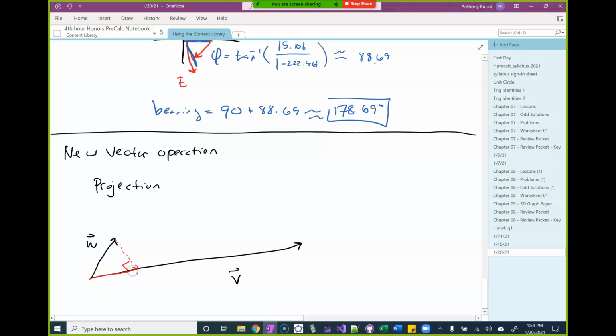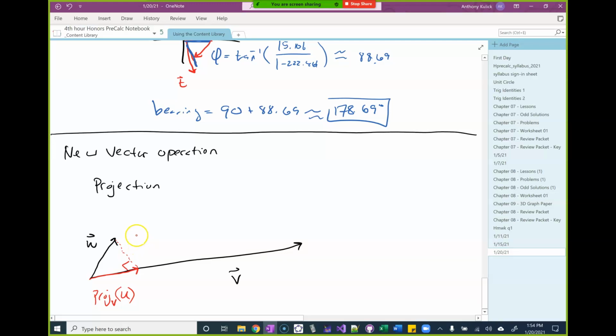So the v is a subscript, and the u is like the argument.